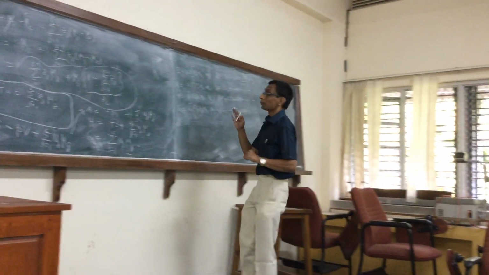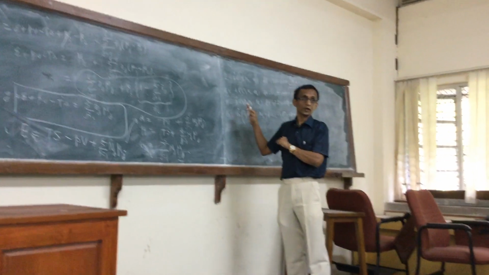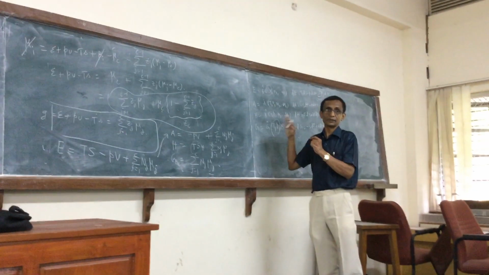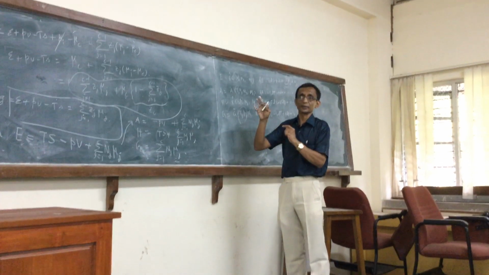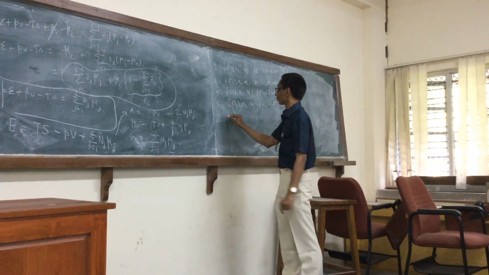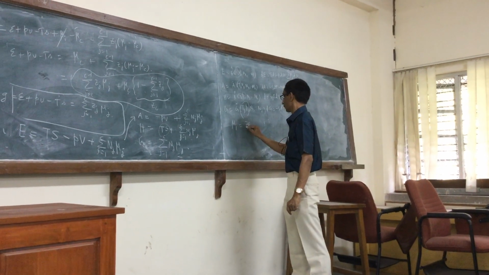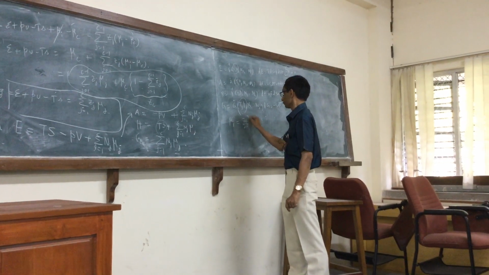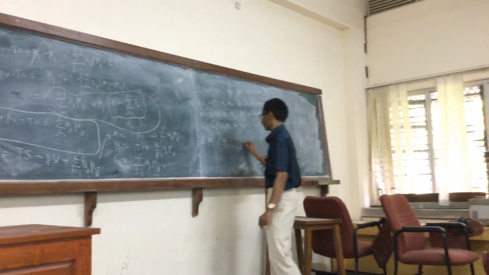So that will mean that in many cases for mixtures, it is actually more convenient to work with the extensive variables, because anyway we are dealing with only homogeneous states and the mole numbers rather than the specific variables and the mole fractions. So mu i can be written as dE by dNi at constant S, V, and Nj not equal to i.